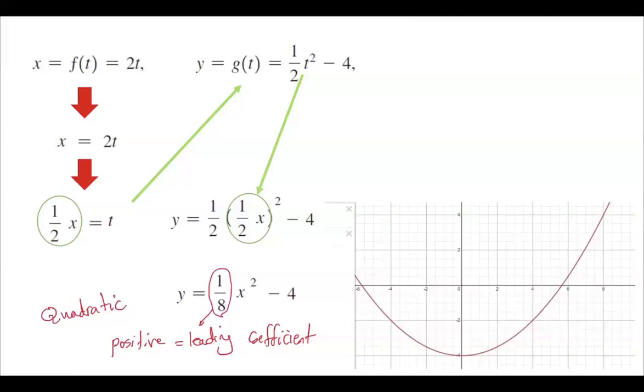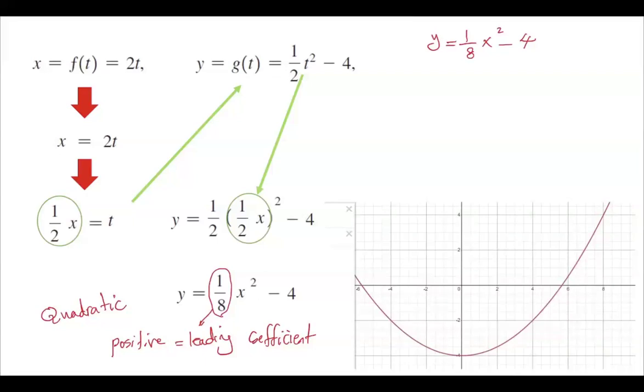So my question for you is, how many parametric representations are available for this function? If y is equal to 1 over 8 x squared minus 4, how many parametric representations can you create? Well, that's absolutely up to you.